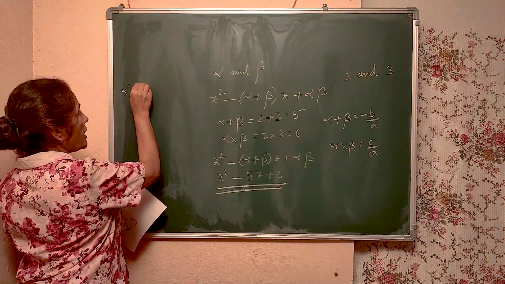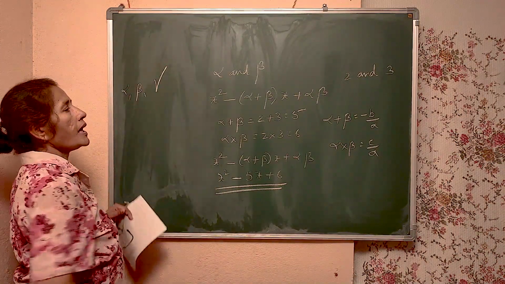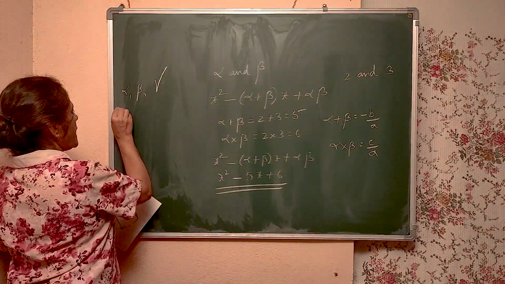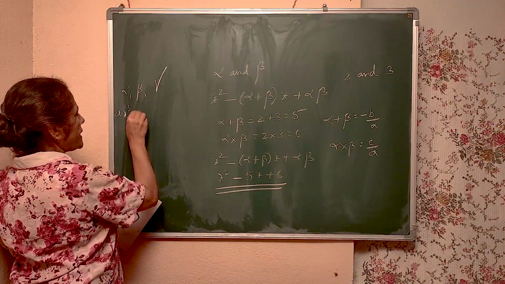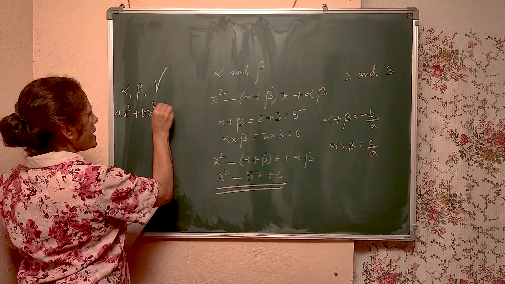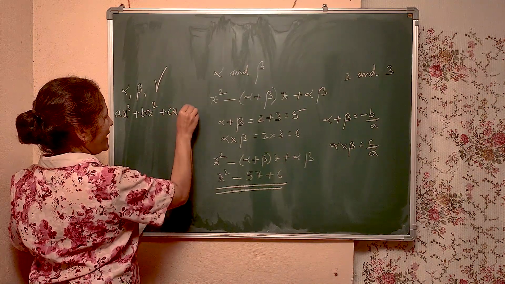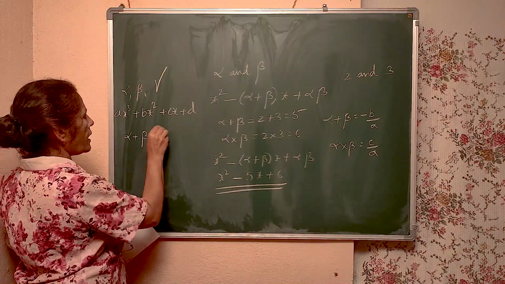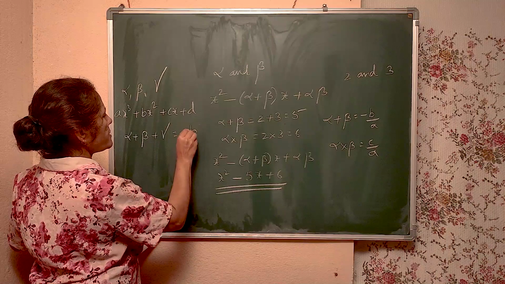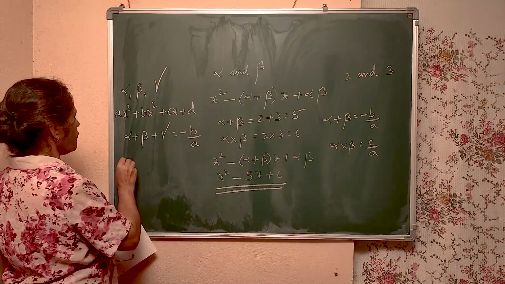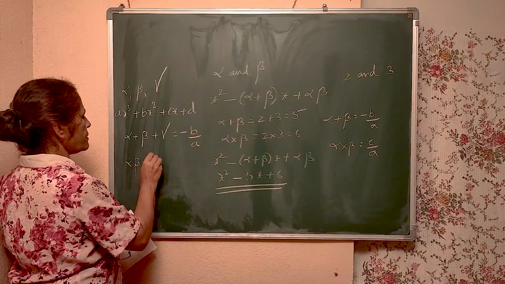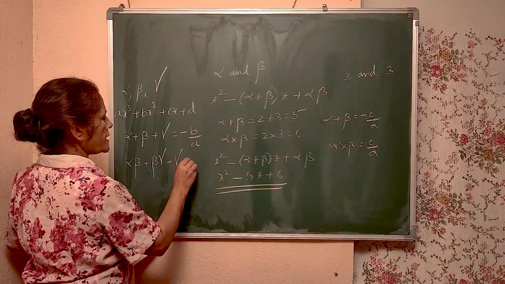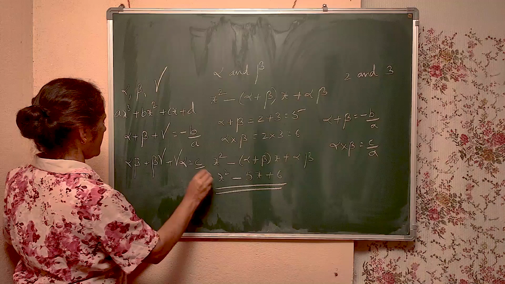If alpha, beta and gamma are the three roots of the cubic polynomial ax³ + bx² + cx + d, then alpha plus beta plus gamma is equal to minus b by a. Alpha beta plus beta gamma plus gamma alpha is equal to c by a.